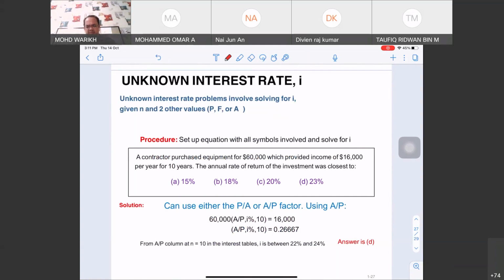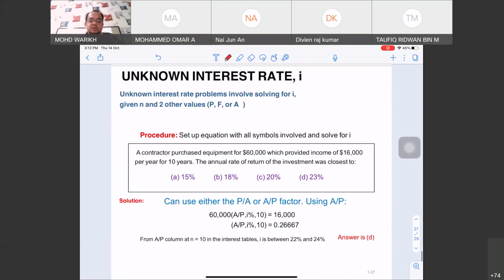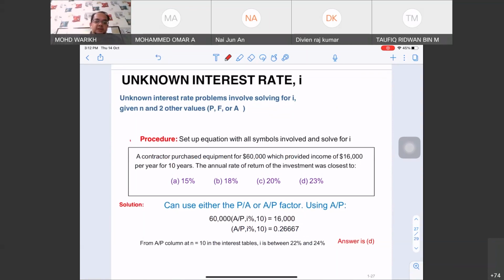The first step in the procedure is to set up a question based on the problem. It's very important. The question means that P equals what, or F equals what, with all the symbols involved, also for i.